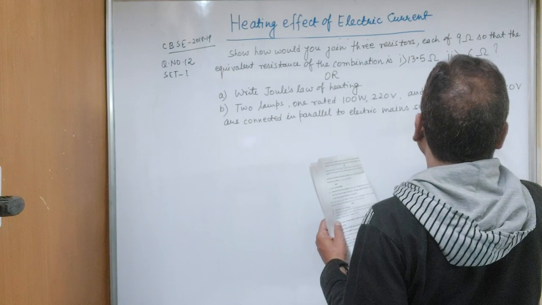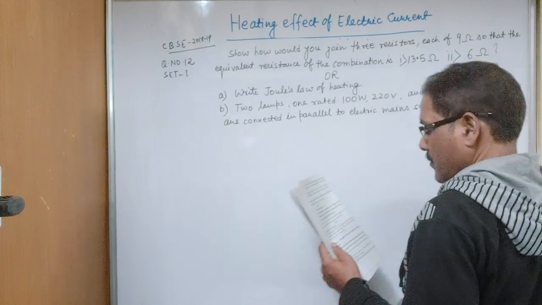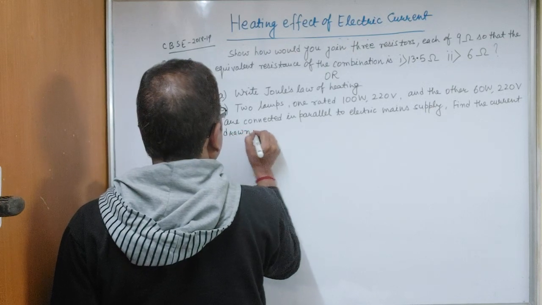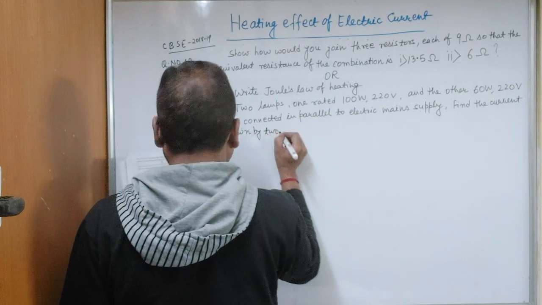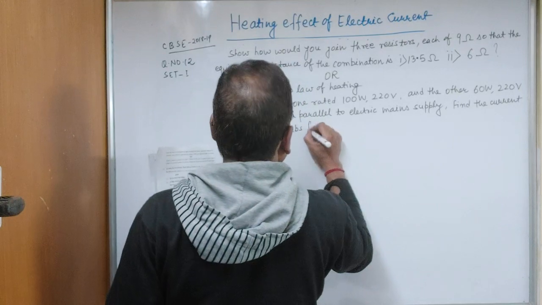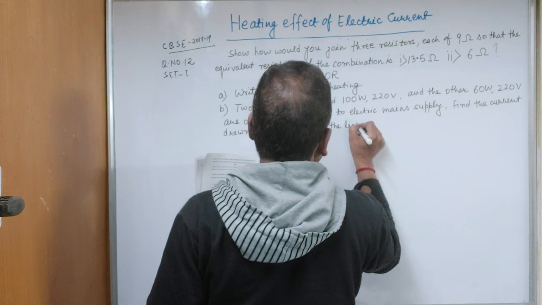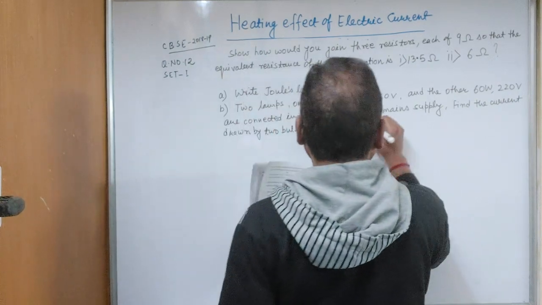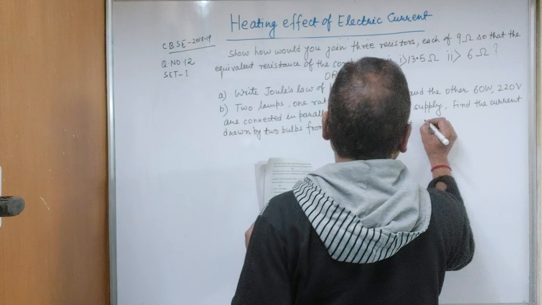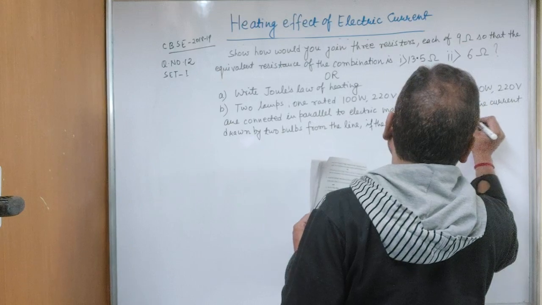Find the current drawn by two bulbs from the line if the supply voltage is 220 volt.